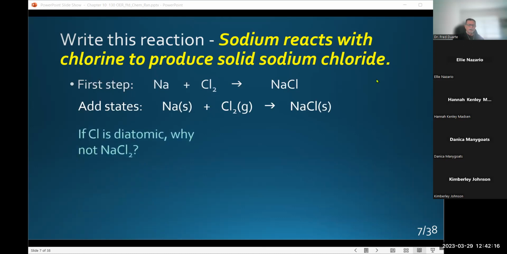The question is, why don't we have this? What do you guys think? Why wouldn't this formula be correct? Sodium Cl2. Why would that formula be incorrect? Maybe I'll ask that question. What do you guys think?